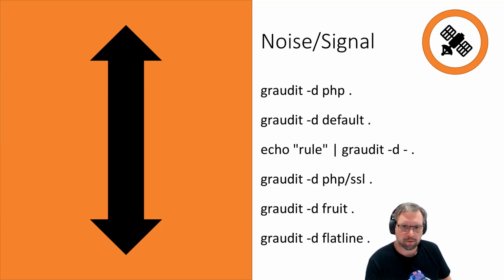Whereas Gorode PHP generates a lot of noise. And so typically my approach is to start at the bottom and then work my way up. So start with the low noise rules, slightly noisier rules, slightly noisier rules.